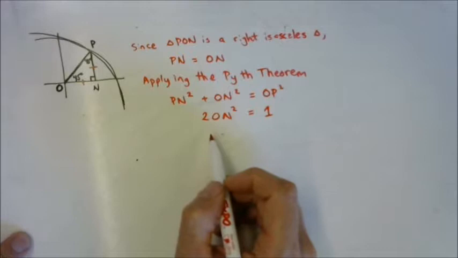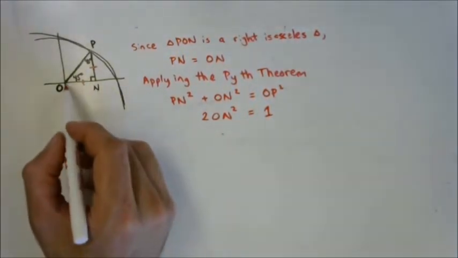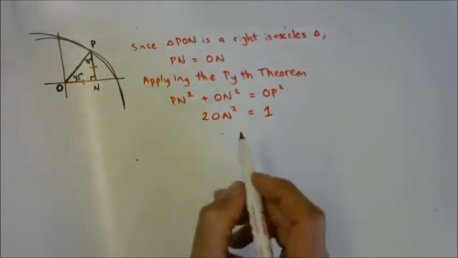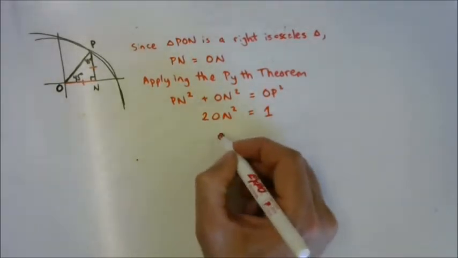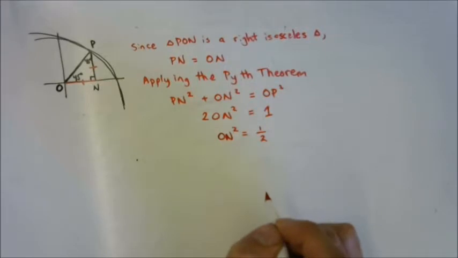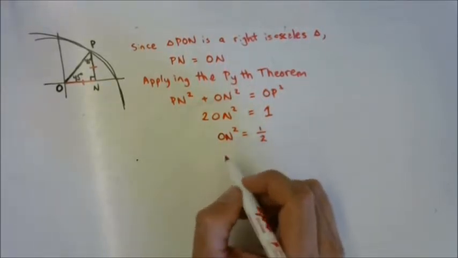So this is what we can reduce it to, and our goal here is now to find the length of ON. Well, what would I do to find the length of ON? I could divide both sides by 2. That gives me ON squared equals 1/2. And then I can take the square root of both sides.